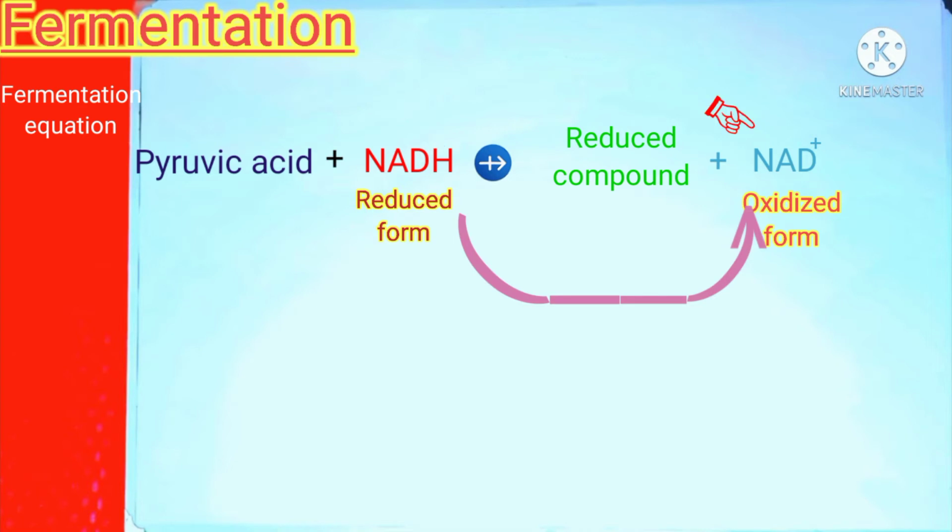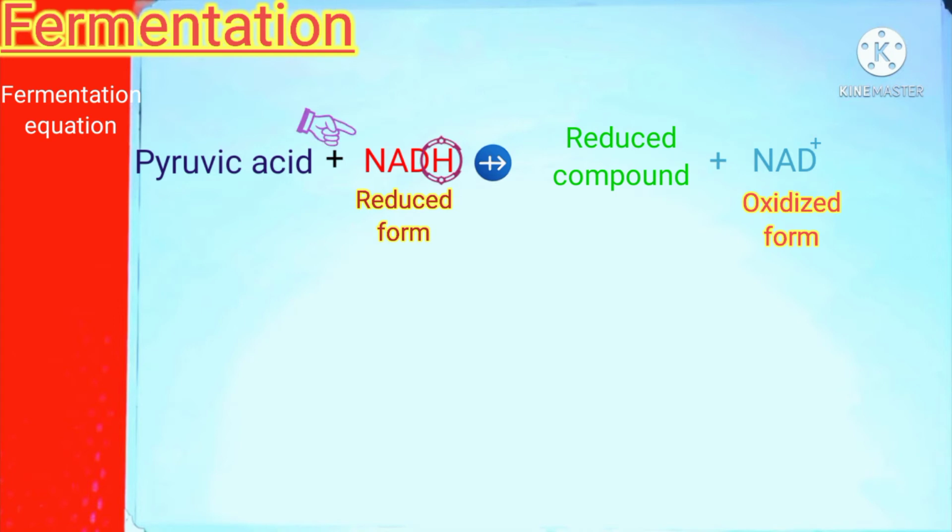So from this equation we can completely understand the fermentation definition in such a way that the hydrogen atoms obtained from the NADH, which is produced during the glycolytic pathway, are taken by this organic molecule, pyruvic acid, which obtains a hydrogen atom from the NADH molecule and is converted to a reduced compound.